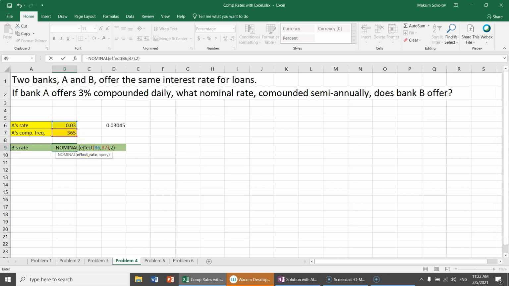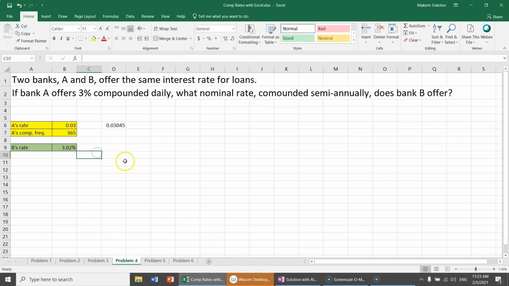So that's basically the calculation that we made in cell D6, but now that calculation is inside our nominal function. The answer, of course, will be the same. With this, I can simply erase cell D6, and we have a cleaner solution.